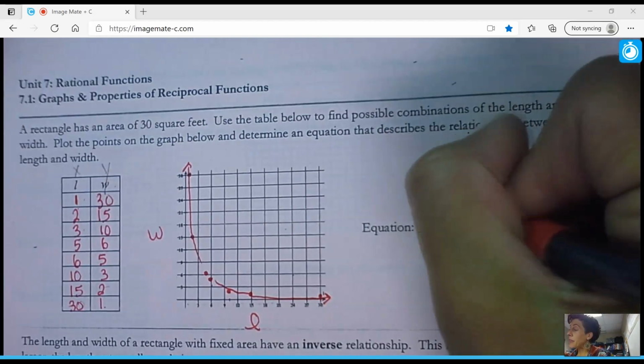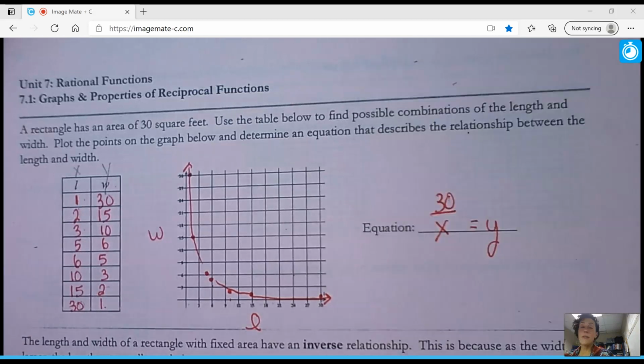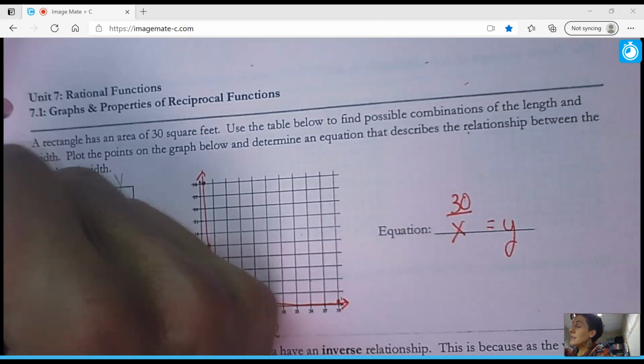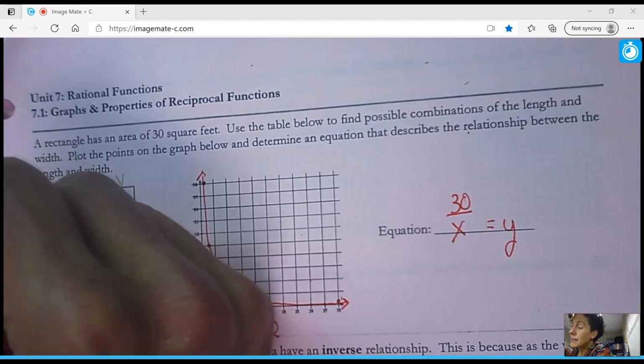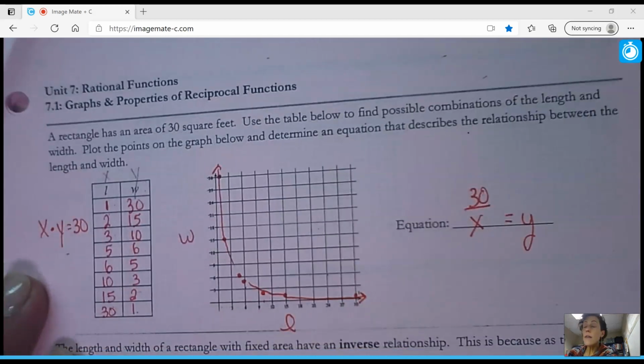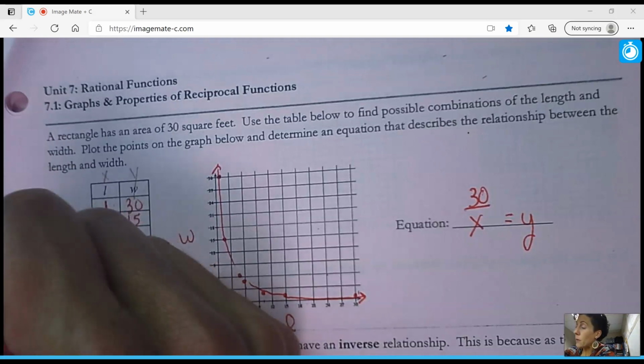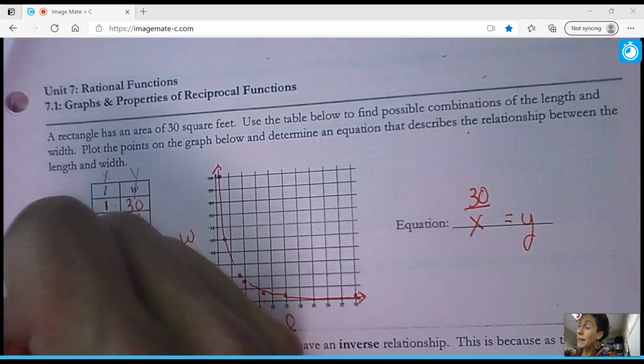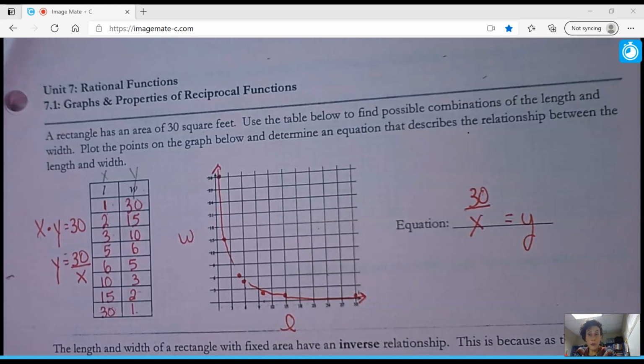I'll take 30 and always divide it by the x value, and that's how I get the y values. Another way to look at that is it took x times y to get the 30, and to solve for y, I just move the x over by dividing. That's probably how I should have explained it the first time, and I get 30 over x.